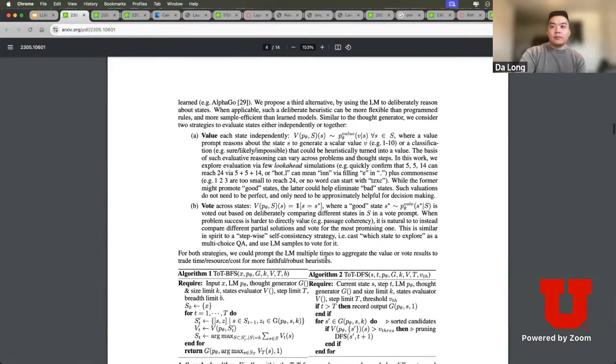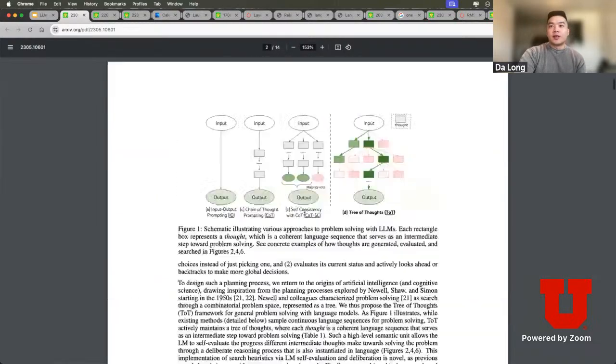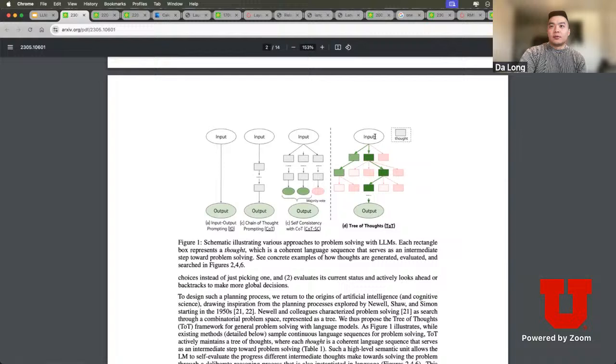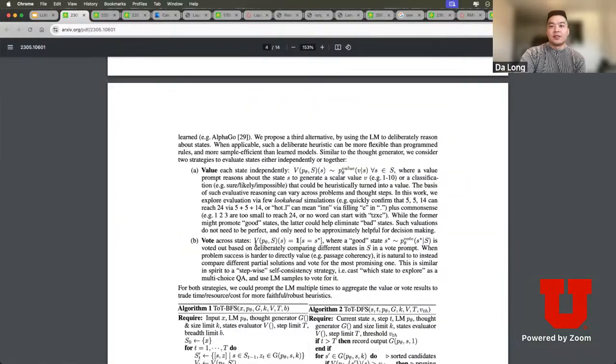I think they will also reprompt the model. For example, they will put the question and the step to the model and ask it to give a score, like, what do you think, is this solution good? And the model will give you a value, and they use that value to decide which node to continue or not.